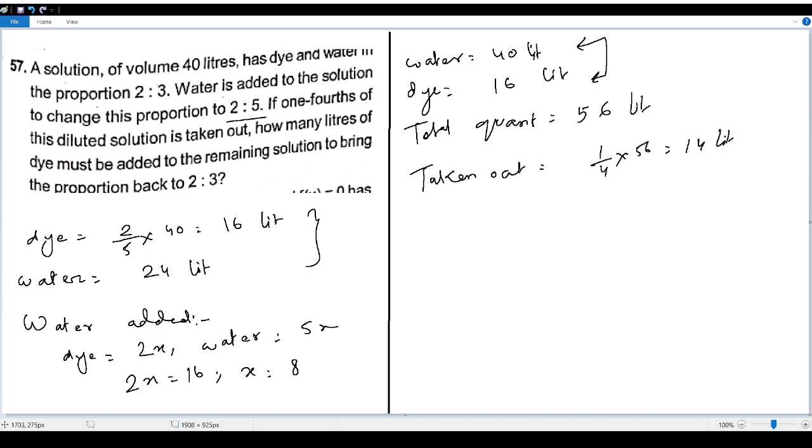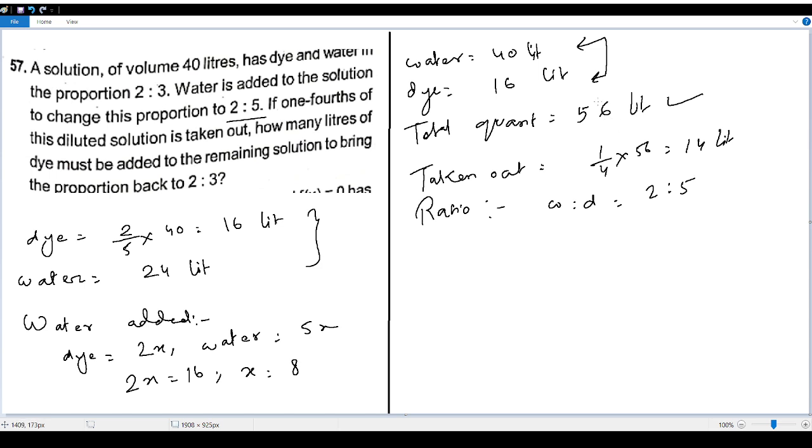Fine. So in this 14 liters, now see what is the ratio. In this 56 liters, what is the ratio of dye to water? It is 2 is to 5 only, right?